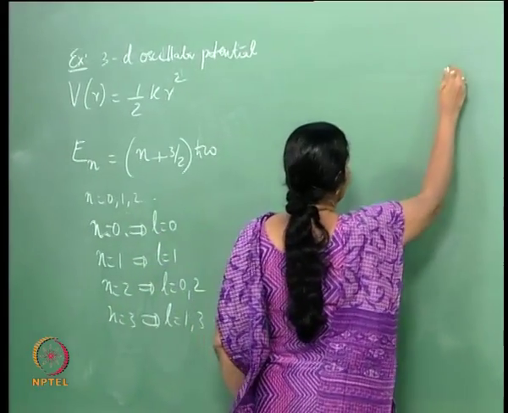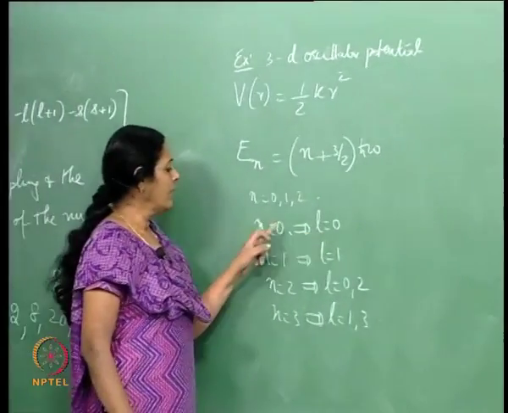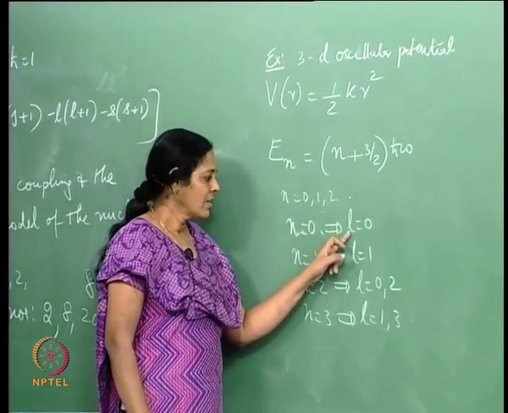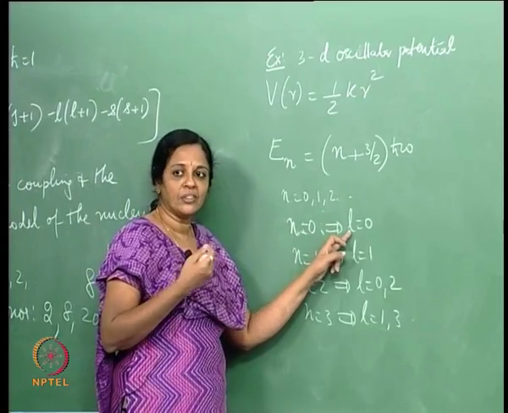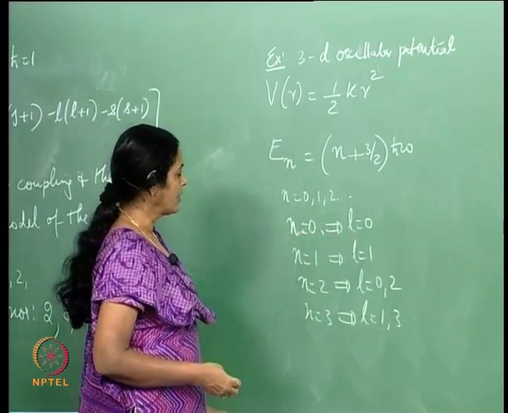What is the degeneracy? N and L are related, but M, the third component, does not play a role at all in this picture.